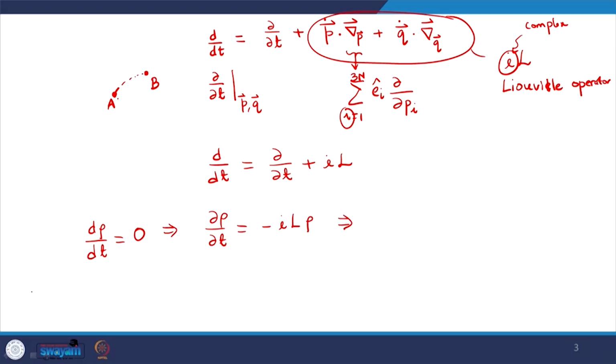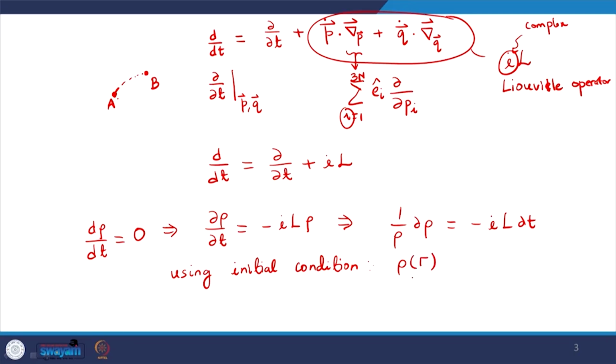So, this I can then integrate as something like 1 by rho dou rho is minus I L dou t, which, using the initial condition that rho, which is clearly a function of the phase space at t equal to 0, is equal to something like rho gamma 0, right.